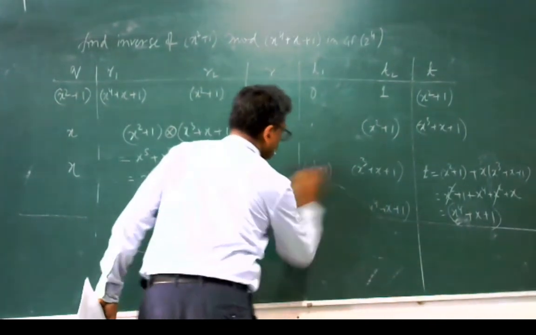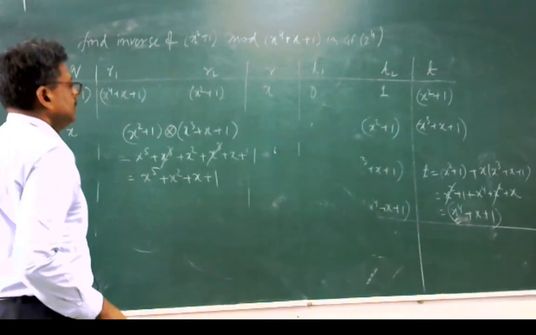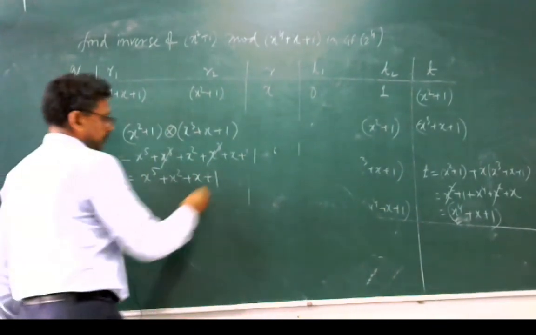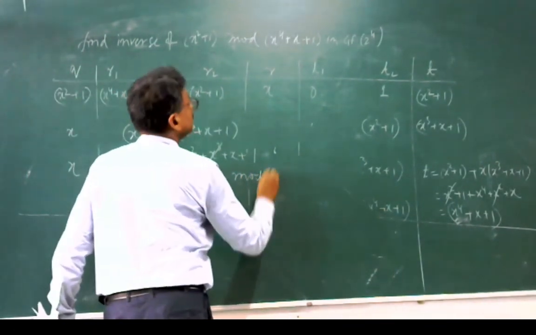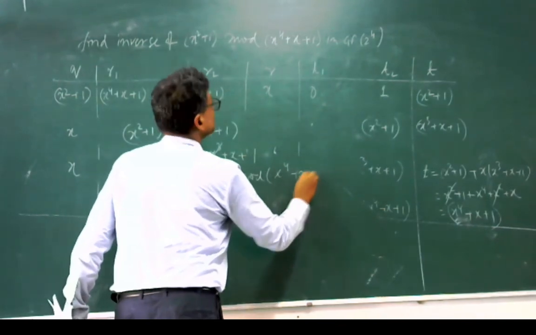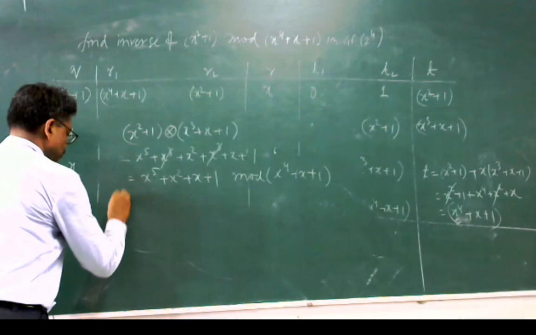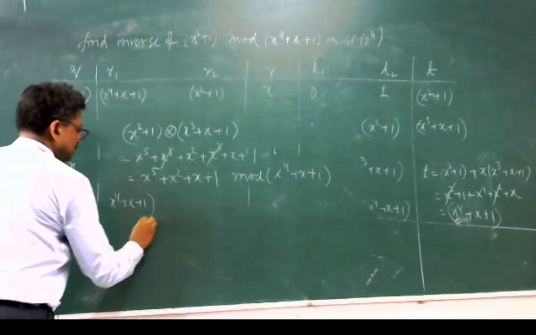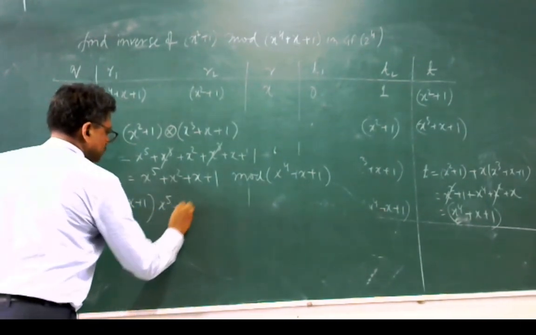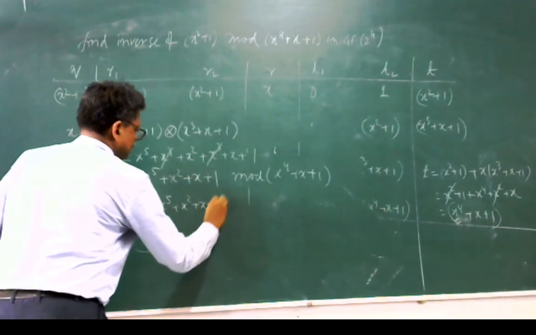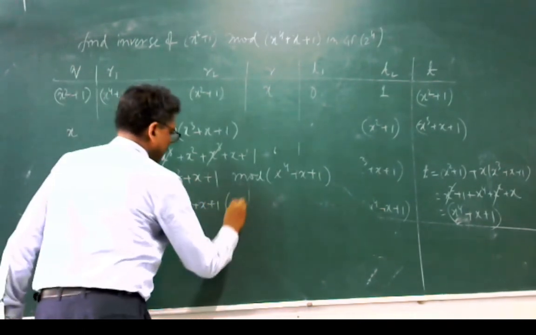Now if this is not 1, how can we say this value should come? We have to take the mod. Mod of what? x to the power 4 plus x plus 1. So let us take the mod. So how will the mod be taken? x to the power 4 plus x plus 1, x to the power 5 plus x square plus x plus 1. So let us go with 1 x time.